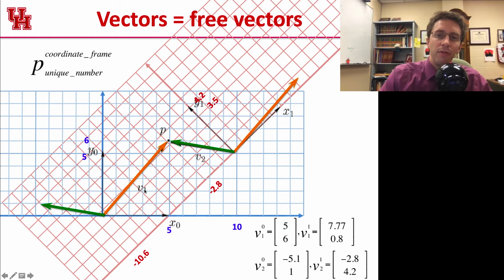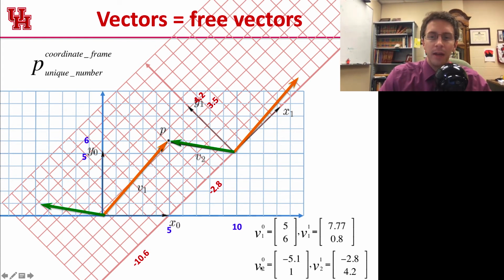But if I want to know v1 in frame 1, I have to take this orange vector, translate it all the way over to the origin over here, and then count. And it's 1, 2, 3, 4, 5, 6, 7.7, and about 0.8 upwards. And so that is its value in coordinate frame 1.